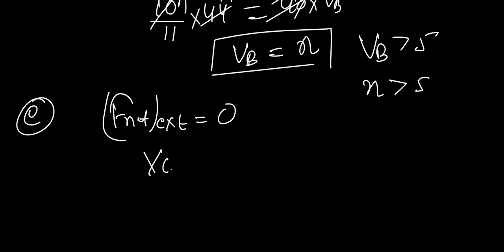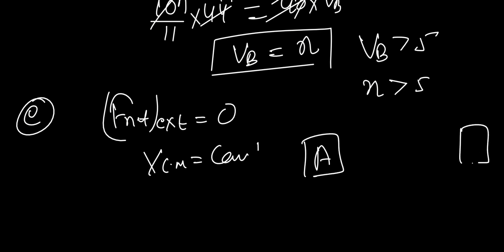It means the position of the center of mass is going to be constant from the beginning. So initially A was here and B was here, and A was having a ball also, so the center of mass was somewhere here. So let this be the x coordinate of center of mass. So this is x is equal to 0, this is x is equal to d.